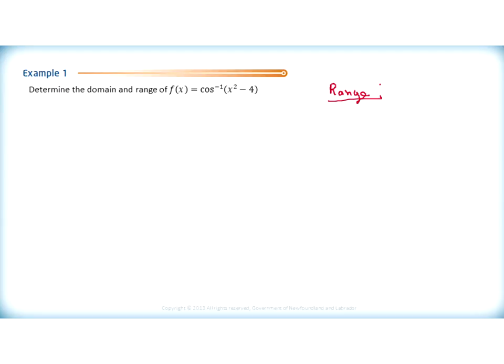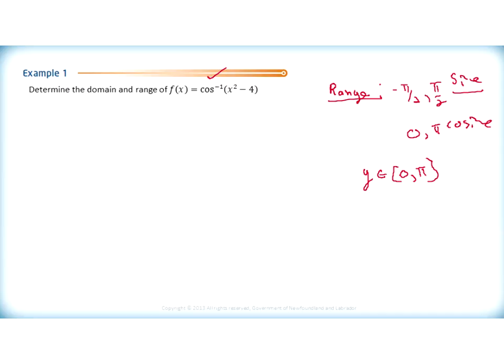That's always going to be from negative pi over 2 to positive pi over 2 for sine, and 0 to pi for cosine. So for this particular one, we're dealing with a cosine. So the range is going to be y values from 0 to pi, and we're allowed to include both endpoints.